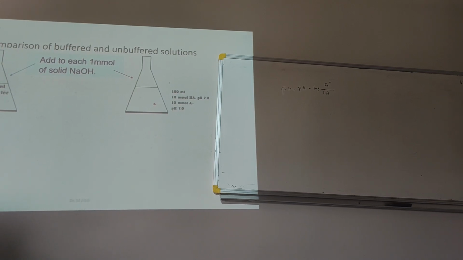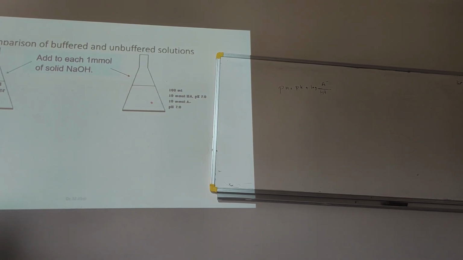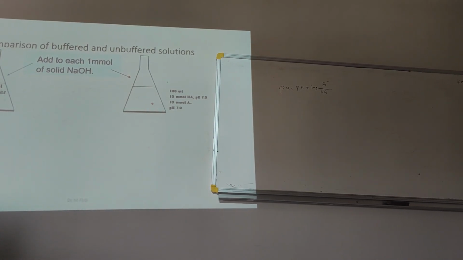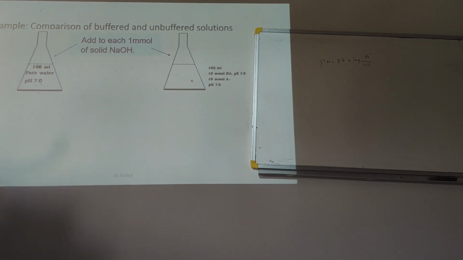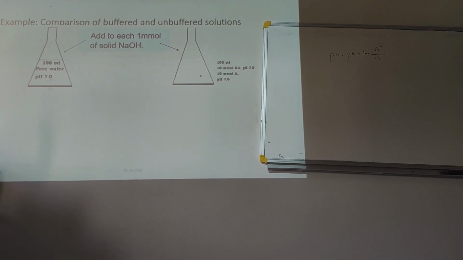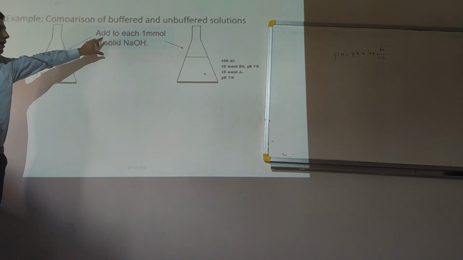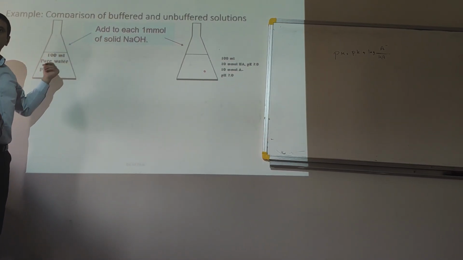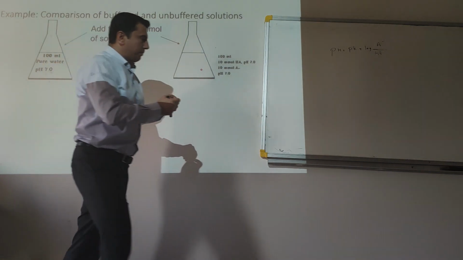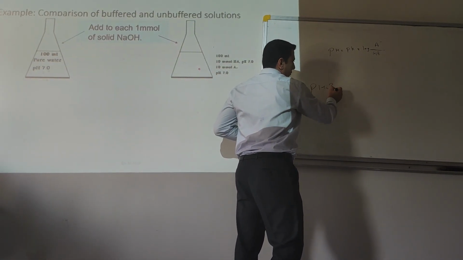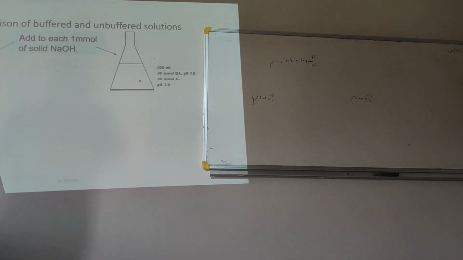What happens? What is the change of pH for each bottle? You can use this equation. Come and solve it. You should give me two amounts. What is the pH after adding 1 millimole NaOH to this bottle, and what happened to this bottle? Okay. What is pH 1? What happened to pH for this bottle?